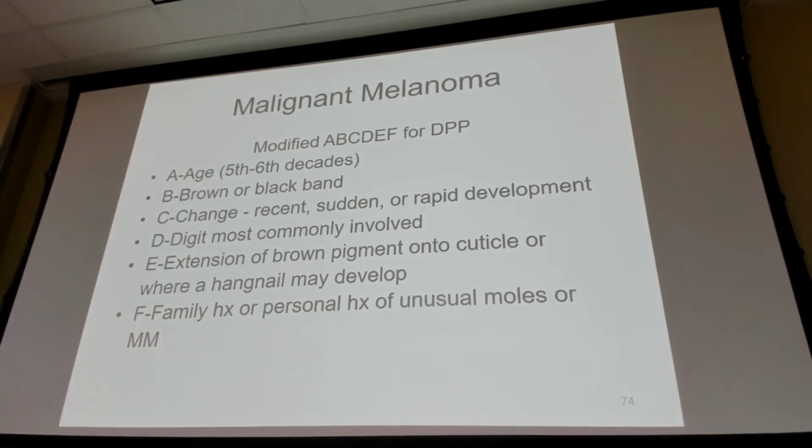Brown or black band, change, digit, okay, they get these things on their fingers, like we saw with the Hutchinson's and all of those pictures. Family history, okay, so it breaks it down.